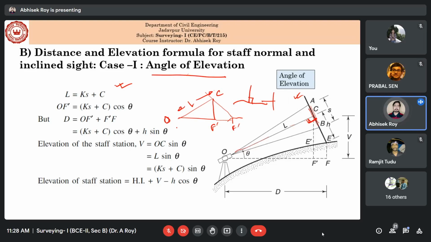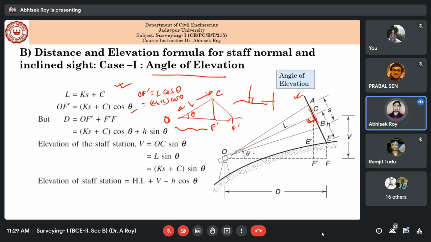So your OF dashed, this part, obviously will be L cos theta. If this is theta, then OF dashed will be simply L cos theta. In place of L we can write Ks plus C. So that's why it is written OF dashed is equal to Ks plus C into cos theta.